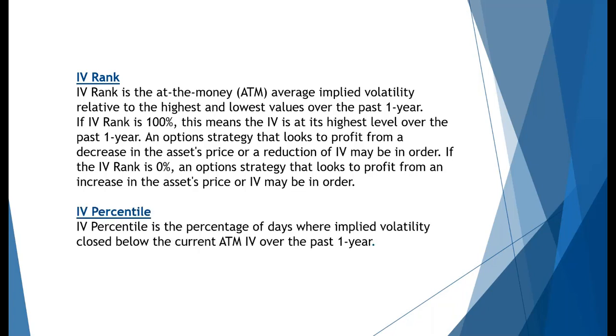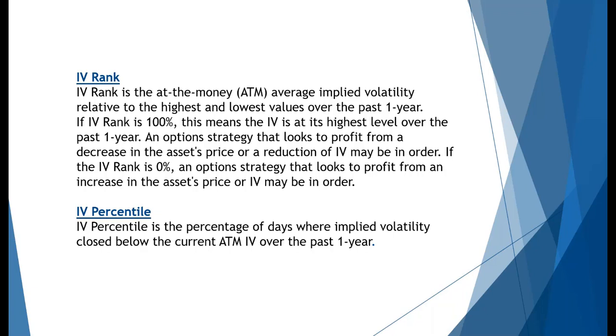Our IV percentage tells us how many days the implied volatility has been above or below the current at the money implied volatility. Now, what we're going to do is compare these two together. And some of you might say, well, I'm reading these two definitions, what's the difference, John? Which one is more important? These are good questions.